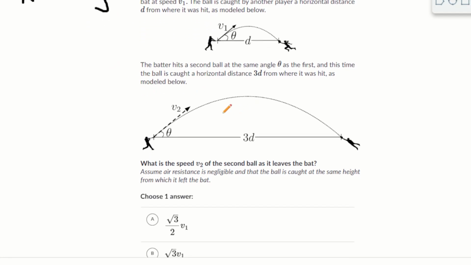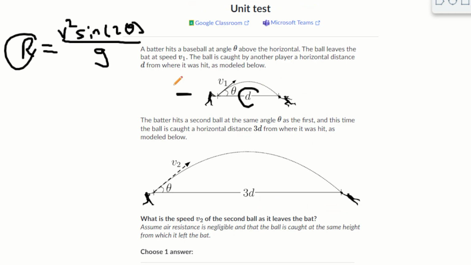So you might be wondering, what can we do with this information? What we're going to do now is set these two equations equal to each other, plugging in the corresponding correct values. So for up here, we would plug in the range, or the range is just d, by the way, so you can replace r for d, which is the same because range is distance in the x.